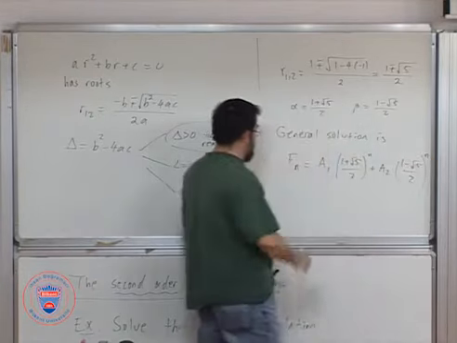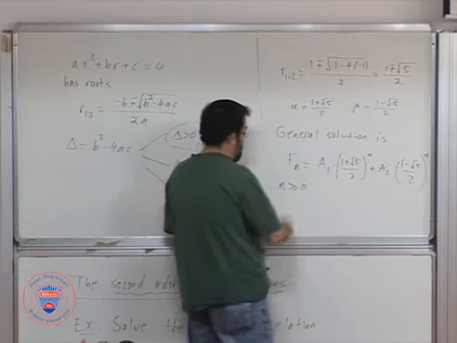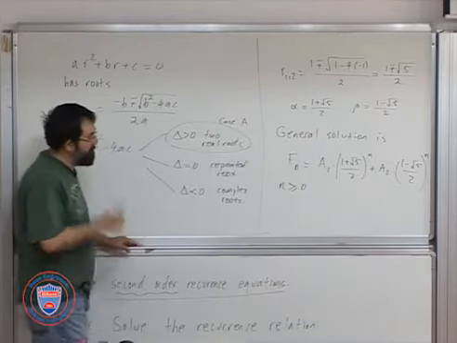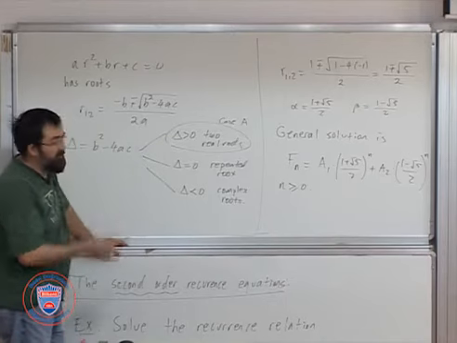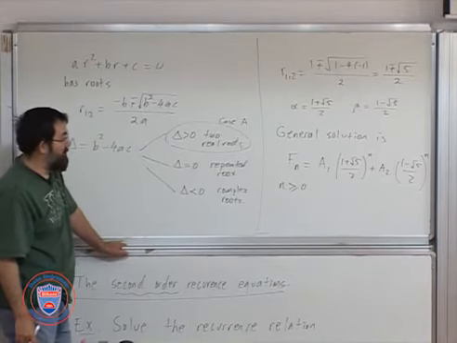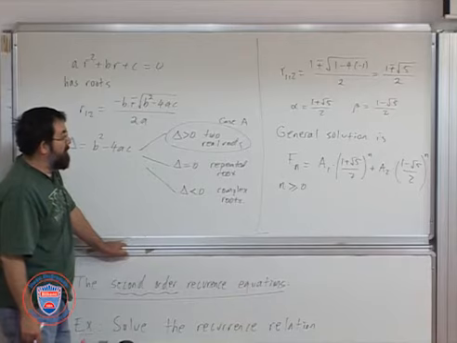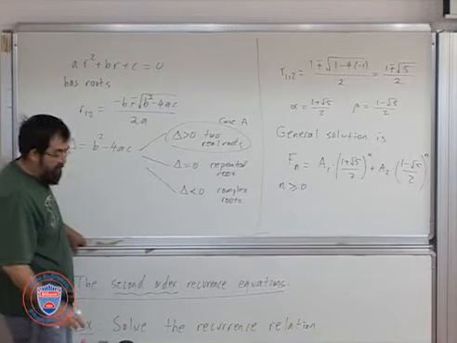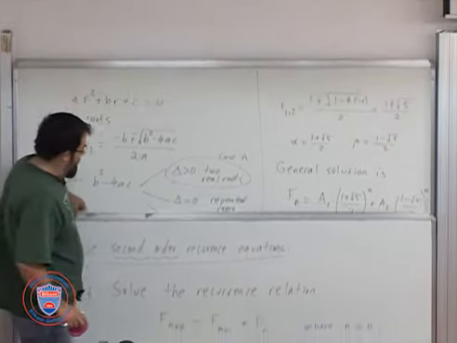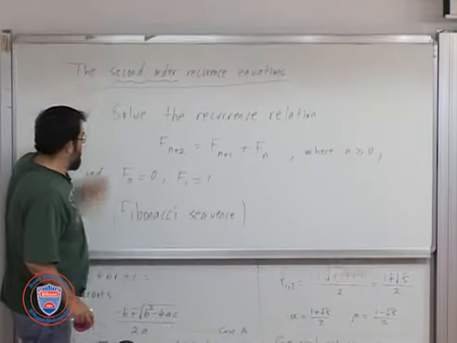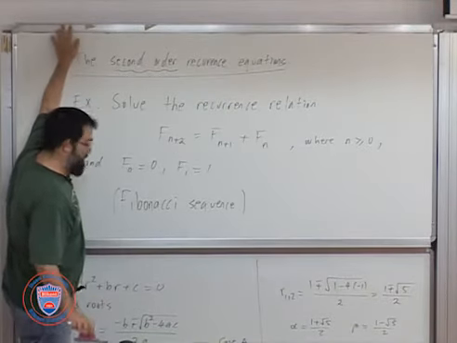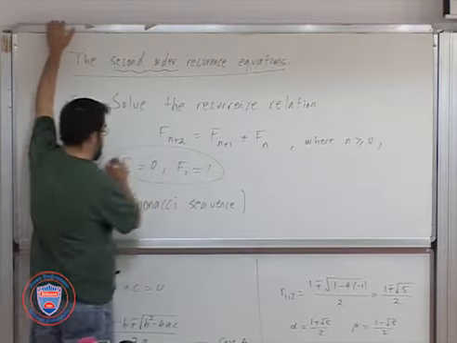Okay, so this is your general solution. Of course, this involves A1 and A2, so you have to solve for them to finish the solution. To solve them, we need the initial values. So these are the initial values we have.